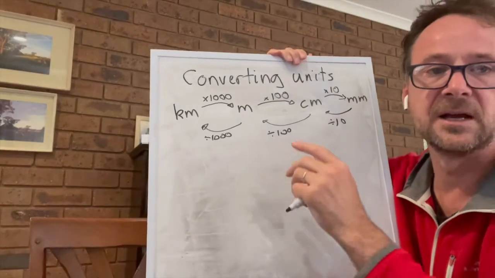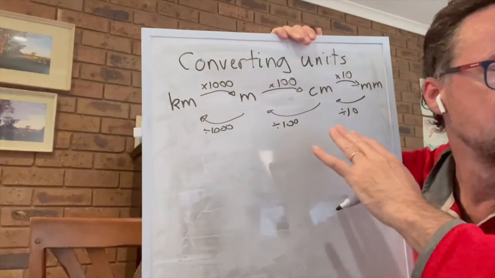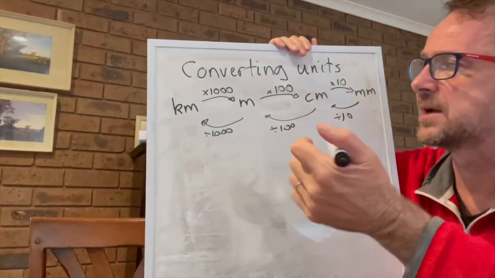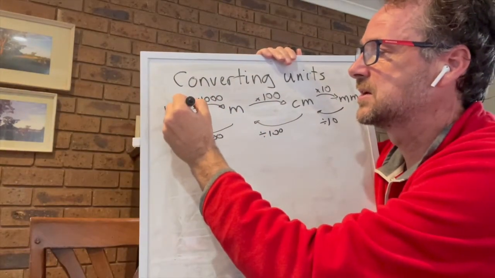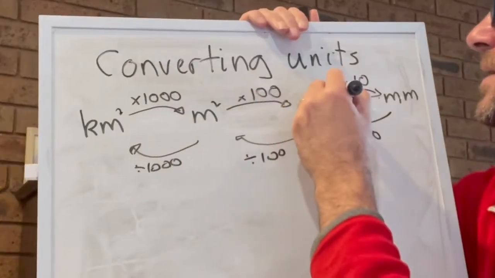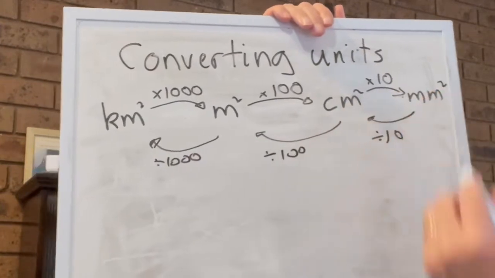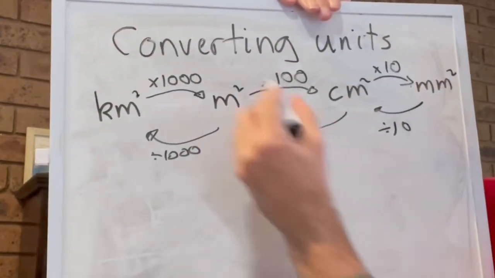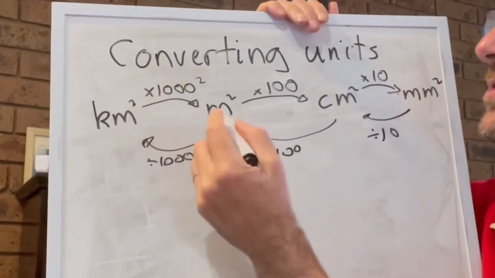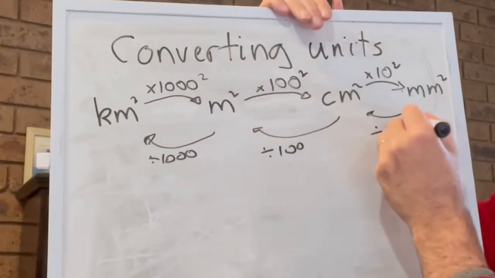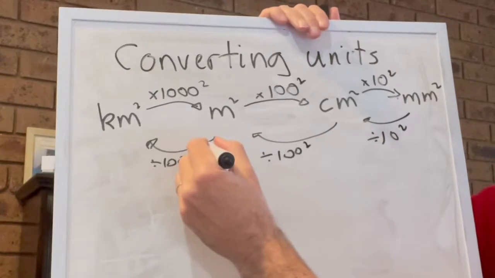Now these are obviously all lengths, but the same applies if you are doing area. So if we make all of these into area, so squared, so kilometre squared, metre squared, centimetre squared, and millimetre squared, these all become the same too. So that becomes 1,000 squared, that becomes 100 squared, that becomes 10 squared, and the same for converting back the other way.